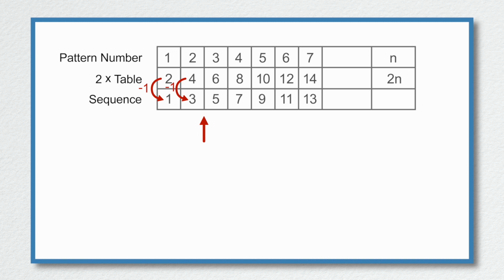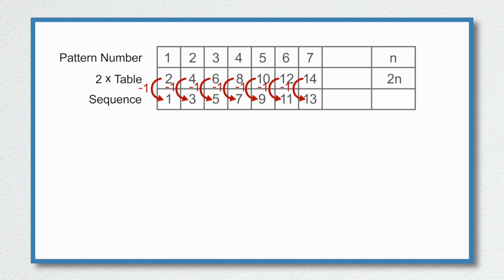For the third term, to get from 6 to 5, I subtract 1. From 8 to 7, I subtract 1. From 10 to 9, I subtract 1, and so on. So by comparing the 2 times table to our sequence, for each term, we are subtracting 1 to get from the 2 times table to the sequence.